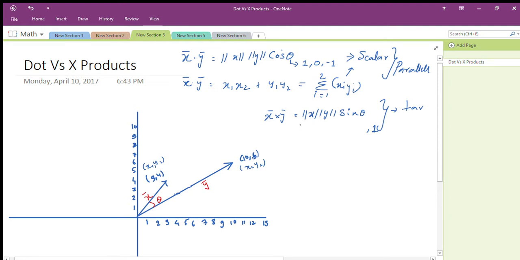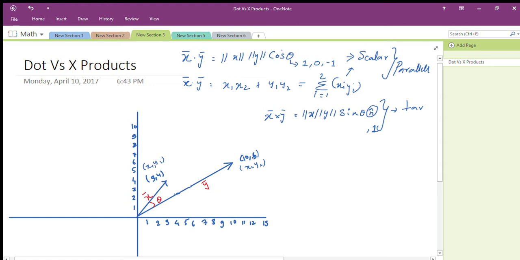But one more thing I forgot to say is that the cross product is not just a scalar, not just a number that you get, but it has a unit vector for the direction, let's say n hat, along with it. And the direction of the cross product is a vector which is perpendicular to both of these, right? And the only way you can get a vector that's perpendicular to both of these is to come out of the plane that they lie in.